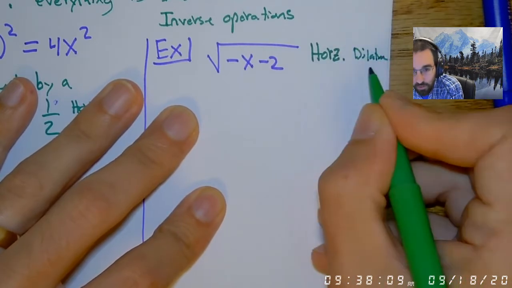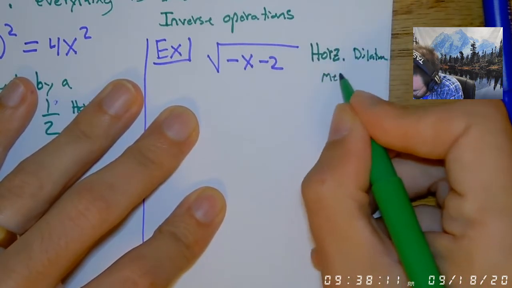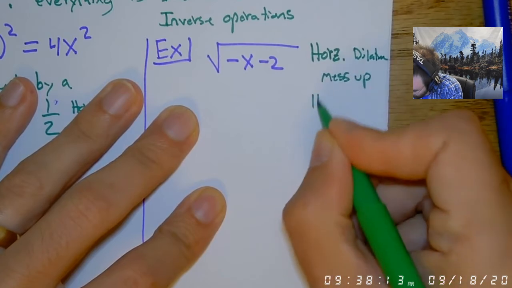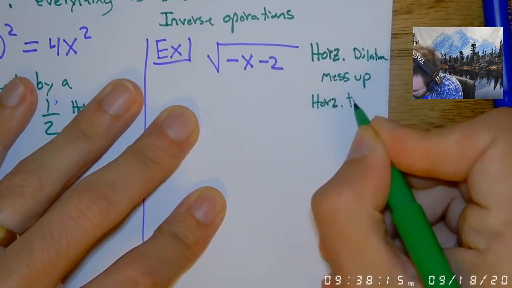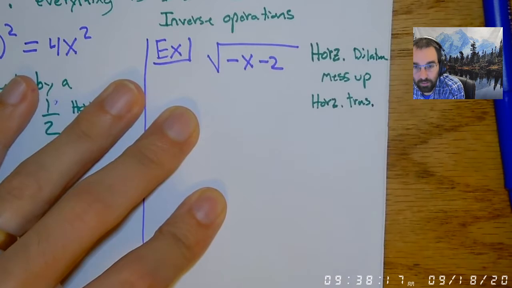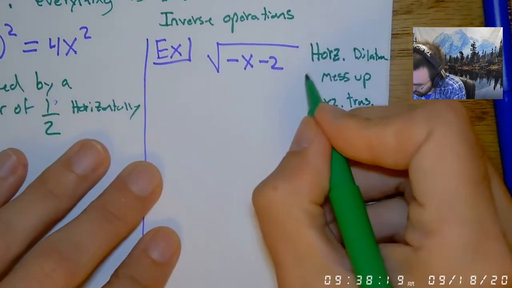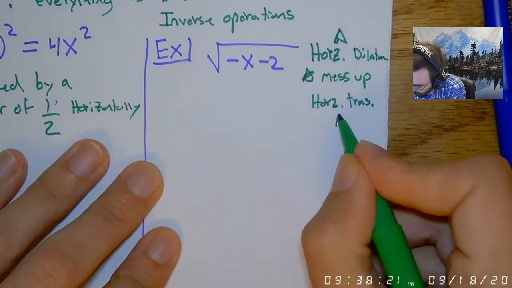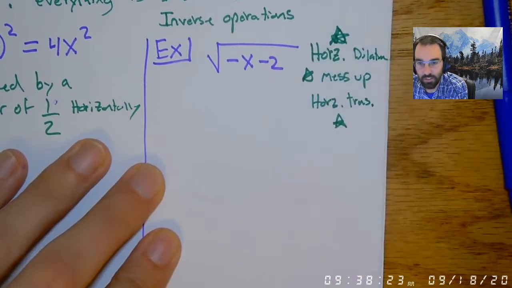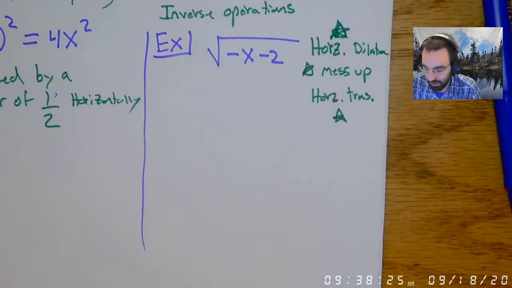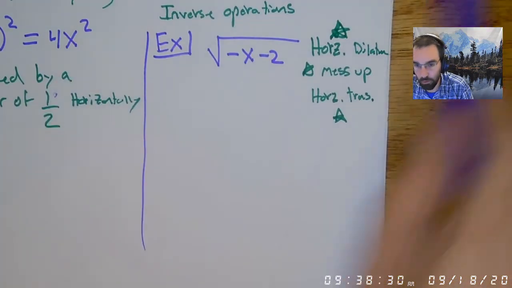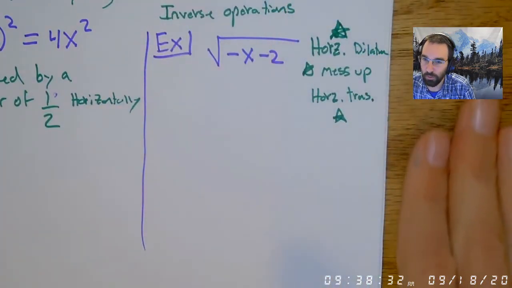Horizontal dilations mess up horizontal translations. Okay? So this only happens with horizontal dilations, but it's super important because when we get to trig, again, it's going to be super important.